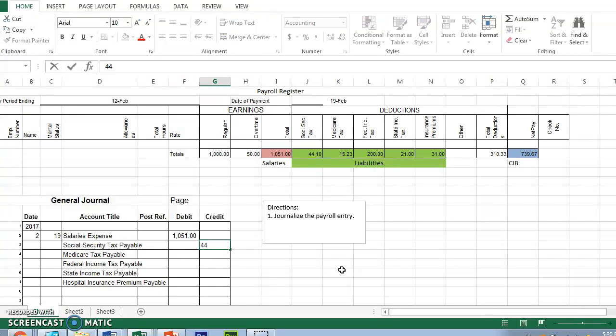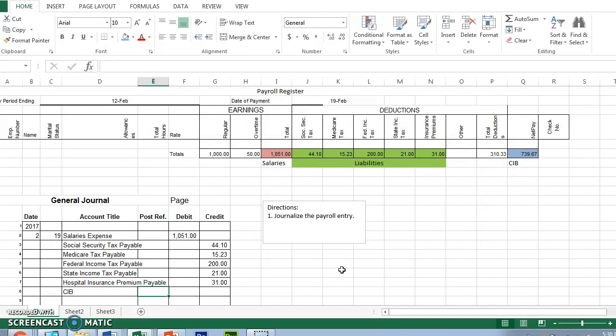Social Security tax payable for $44.10, Medicare $15.23, federal income tax $200, state income tax $21, hospital insurance $31, and credit cash and bank.